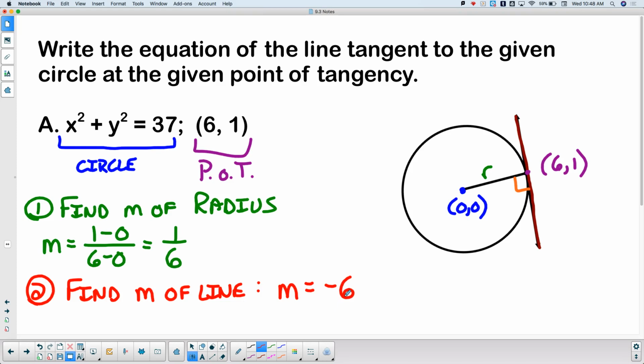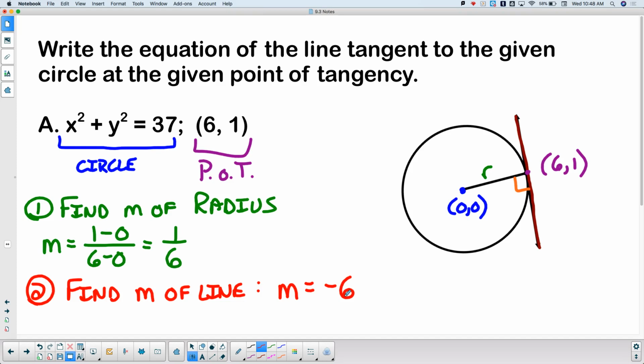Madison, do I have enough information to find the equation of the line? Because I have the slope and a point that it goes through, right? So if I have a point that it goes through and I have a slope, I can find the equation of the line. How am I going to do that?